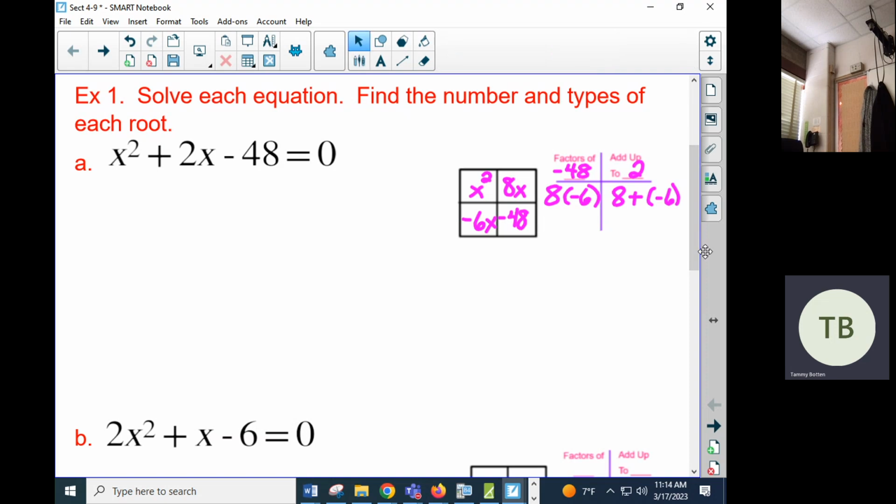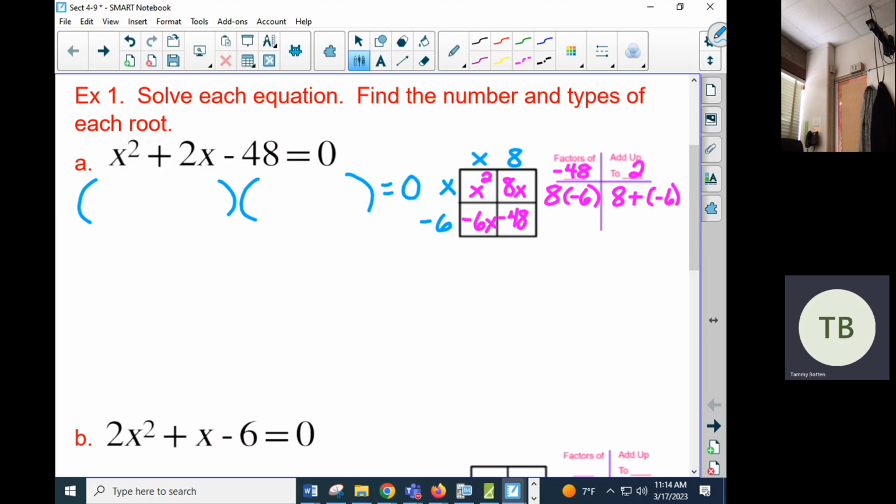Okay. Now, if this is x squared, we'd put x and x. If this is 8x, that's x, and this is 8. That's x, and this is negative 6. Okay. So our answers here would be, one would be x plus 8, and one would be x minus 6. And then, like I said, we take it one step further where we say what our x is.